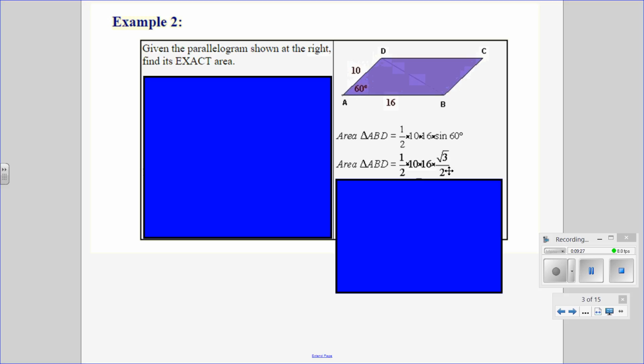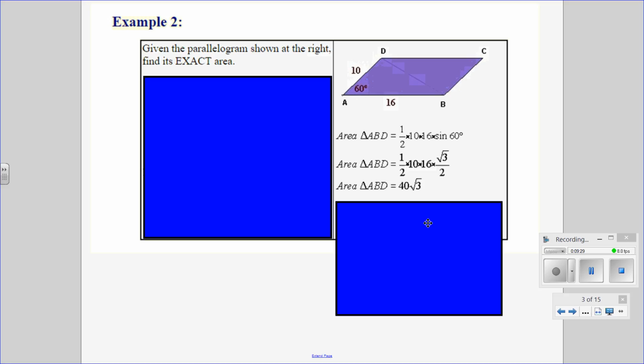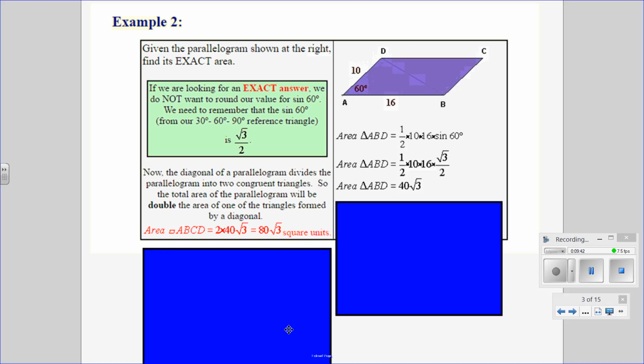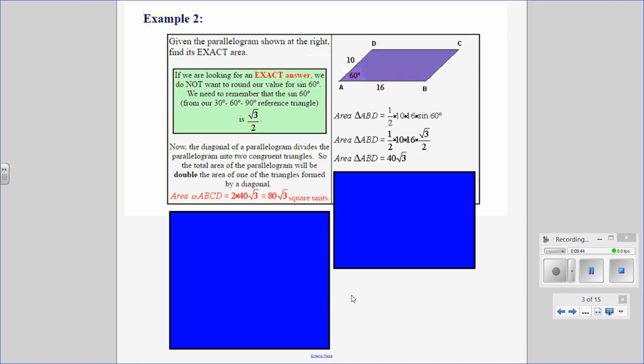Think about how that simplifies, and we get 40 root 3. So 40 root 3 is just the area of this first triangle. If I double it, I wind up getting the area of the parallelogram. Again, this is square units when we're talking about area. If we wanted to use the same idea of the formula for a parallelogram, we would just take away the 1/2.